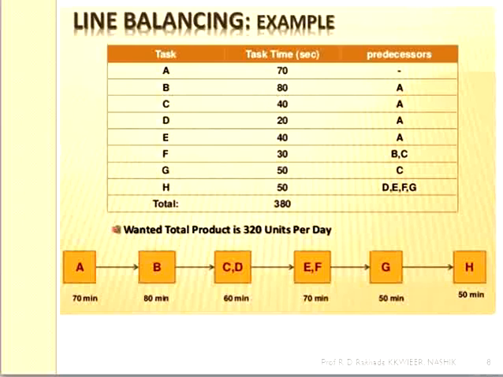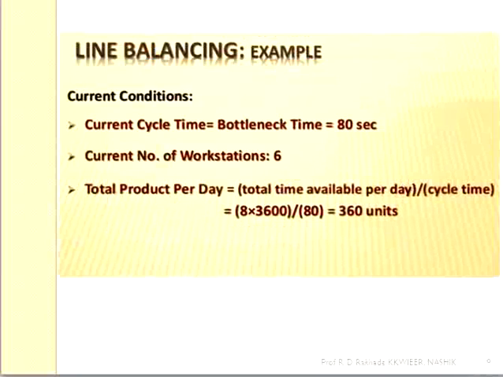So we consider this the bottleneck time. Then the current number of workstations required is 6, and total product per day we can calculate according to time availability and cycle time. So total product per day is 360 units according to the current condition.